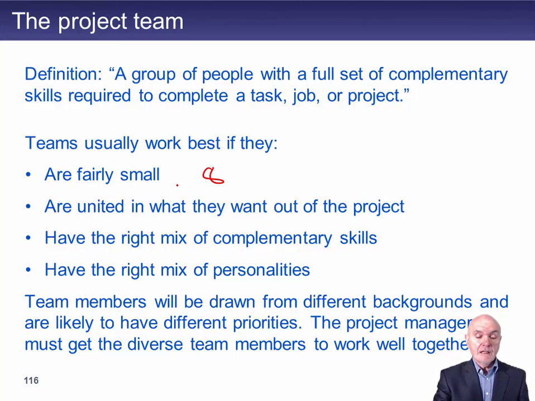And if you remember back to old Belbin, we need a right mix of personalities, the shapers, the plants, the chairman, the resource investigators and so on. So we have a good mix of personality types, completer finishers, that will help the project to really accomplish what it's supposed to accomplish.